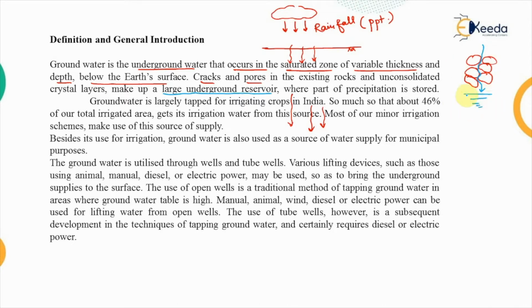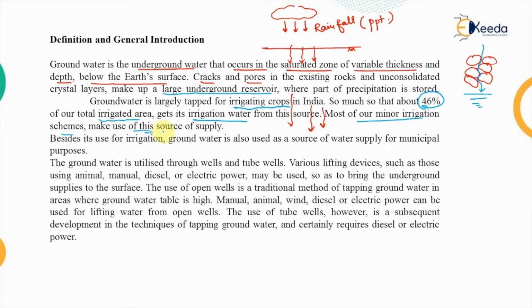Now this groundwater is largely tapped for irrigation purposes in India. So much so that about 46% of the total irrigated area in India gets its irrigation water from this source. Most of our minor irrigation schemes use this source.